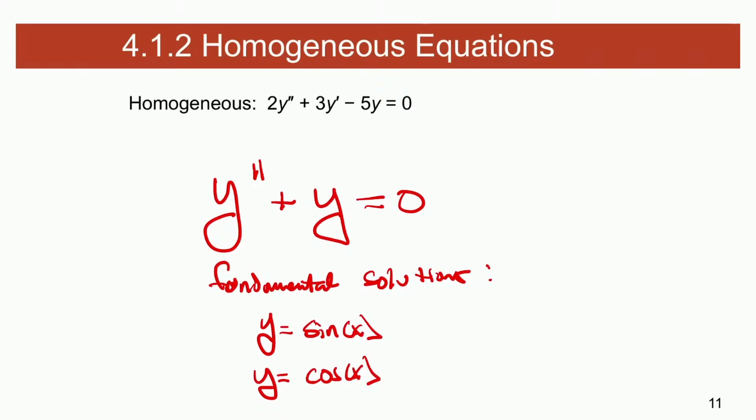Those are the fundamental solutions for this differential equation. The reason why I call these fundamental is because every other solution is going to be a linear combination of those two solutions. So those are solutions, but so is this.